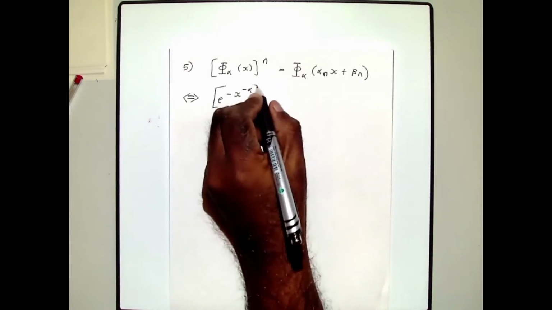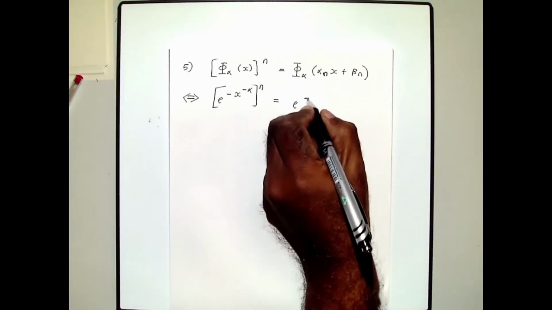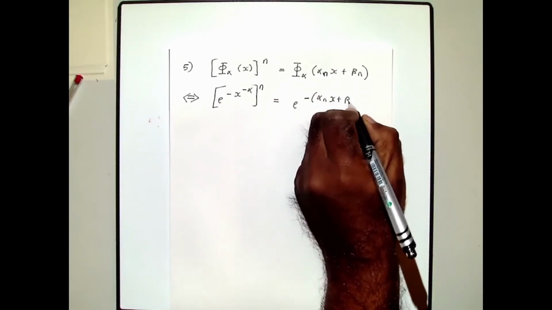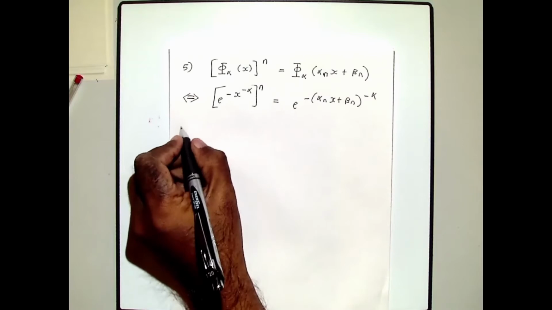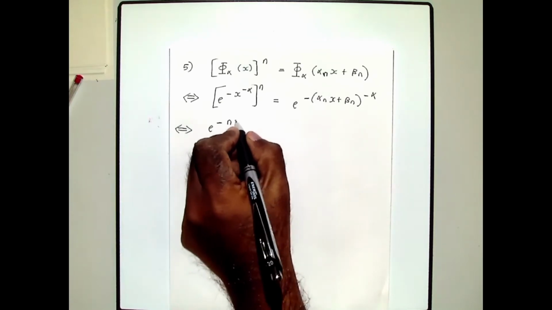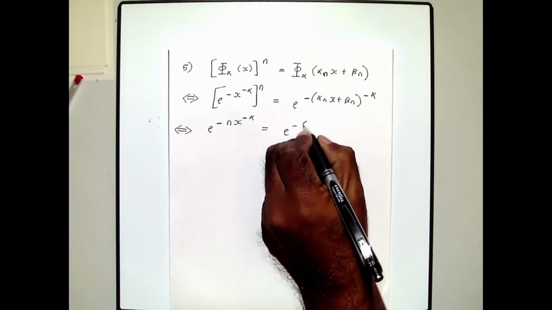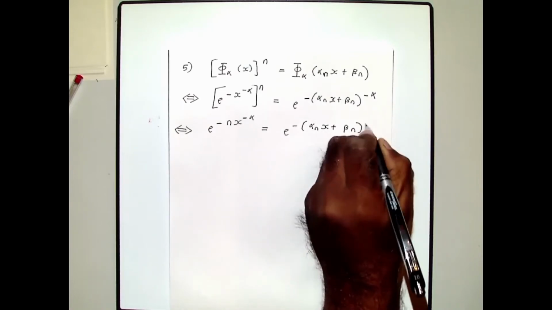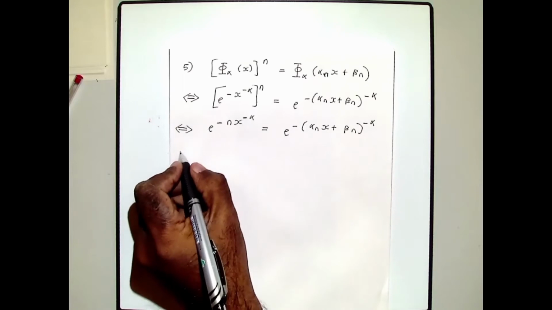Now the left hand side is simply equal to E. Now I'm going to take the logs, the left and the right.